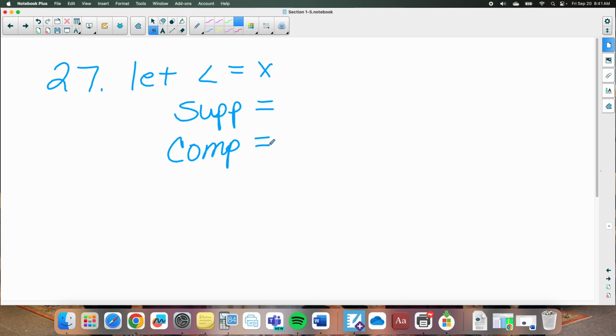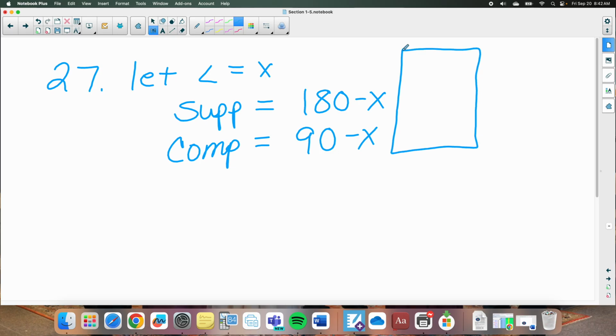Now, from what we learned today, if our angle is X, what would the supplement be? Yes, 180 minus X. And the complement would be 90 minus X. Okay? And then we would have this box. So we're gonna have 3 answers in this one. Like I said, this is the hardest one you'll see.